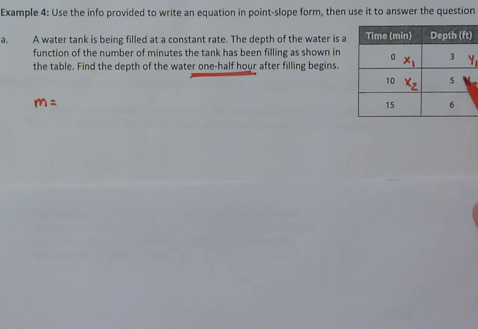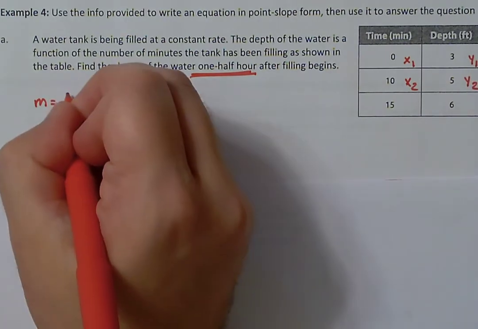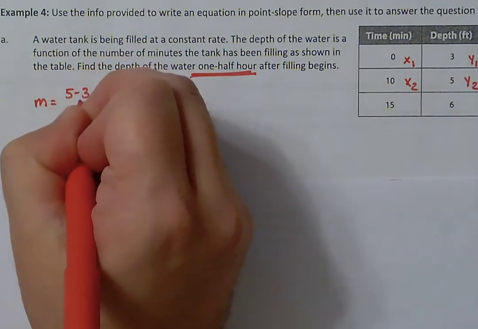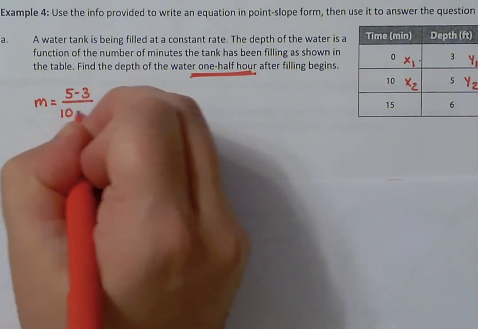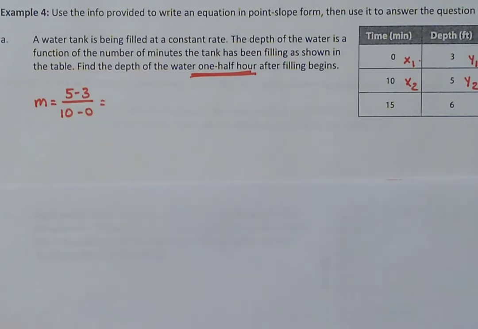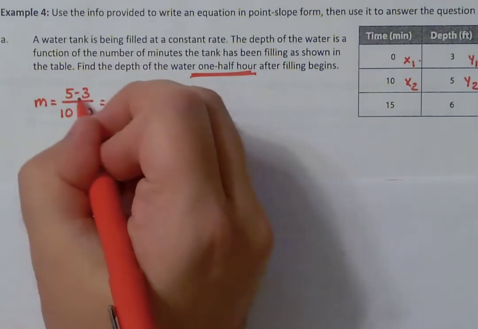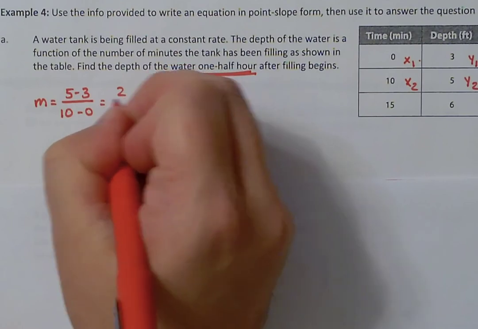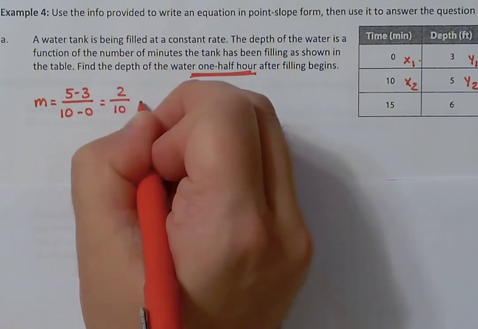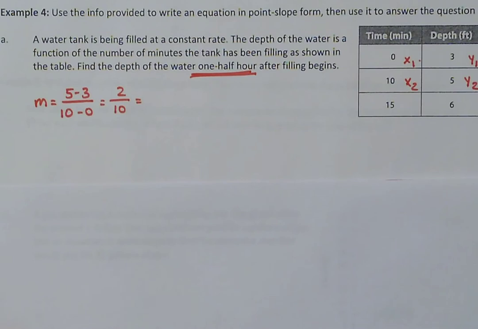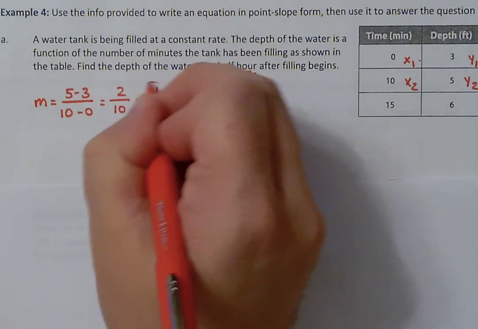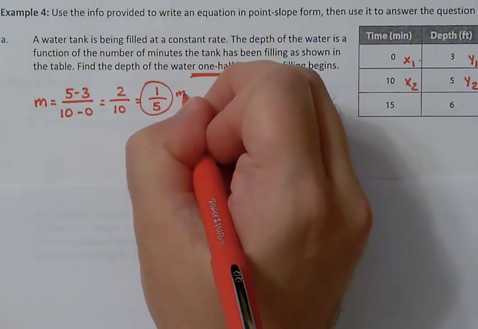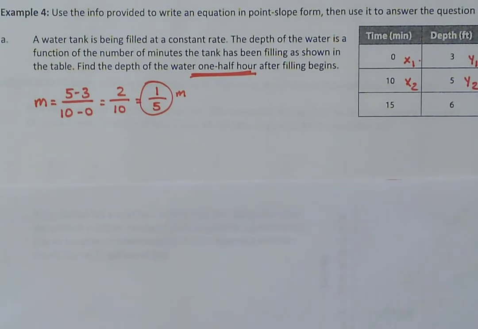So y2 minus y1, so 5 minus 3, over x2 minus x1, so 10 minus 0. 5 minus 3 is 2, 10 minus 0 is 10. So I have 2 over 10, and that's going to simplify down to 1/5. So this is going to be my slope, or my rate of change.